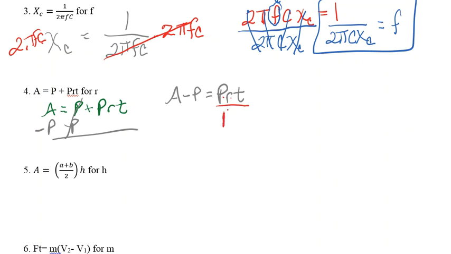So to do that, I'm going to divide by capital P and little t. Again, if I do it on the right, I have to do it on the left. So I end up with R equals A minus P over PT. It's okay that we have two of the same variables, it won't matter.